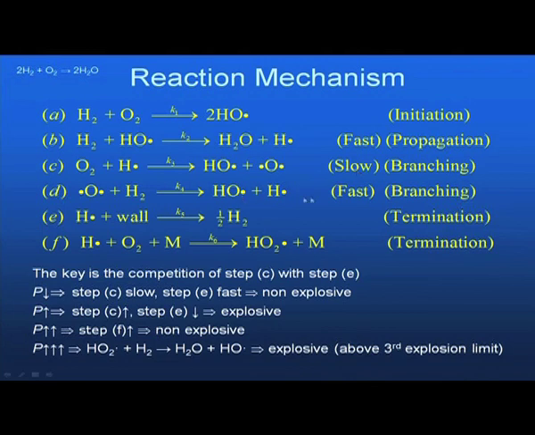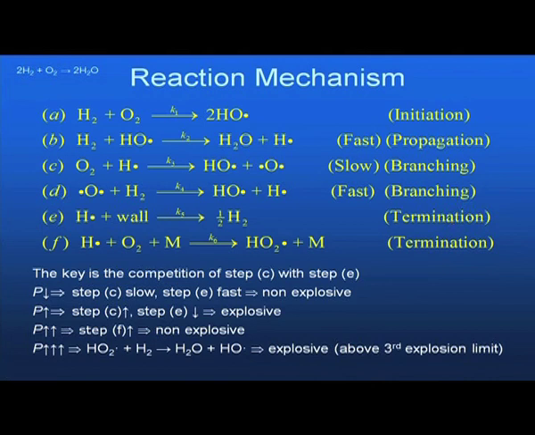Another step is fast, and which is also branching, is O double dot plus H2 producing OH dot and H dot. So, it is with K4. And recombination at the wall, H dot plus wall means it collides with the wall to produce hydrogen back. It is called the termination. This is one termination step.